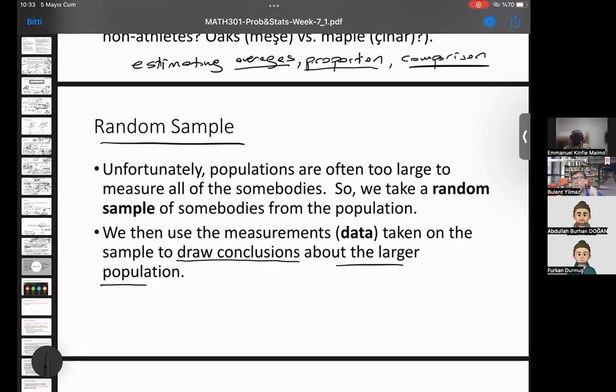They choose, let's say, 15 of them, and then do the tests and find out if there is any problem in this lot. So the critical thing is we cannot go and ask, test, or measure, or get information from all the stakeholders, all people, all bacteria, all trees, or all factories, but we take a random sample from the population and we try to draw conclusions about the larger population.